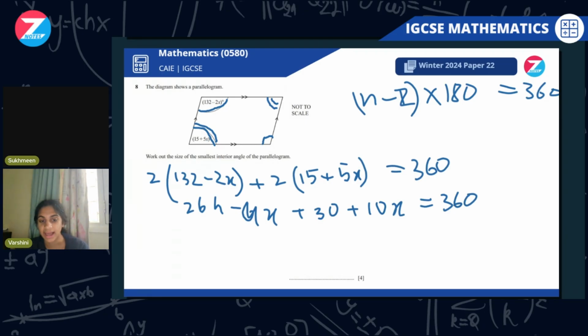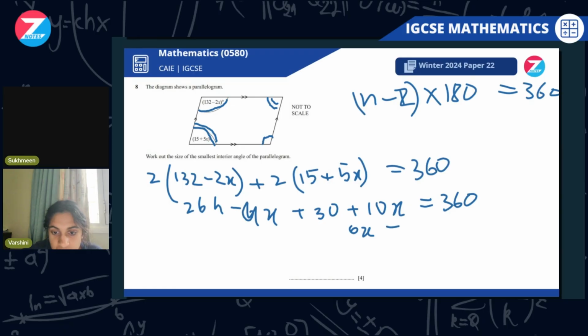Now we can add the x terms, which are minus 4x and 10x. And by the way, when you're multiplying these out, don't forget to include the minus sign in this bracket. So the like terms, minus 4x and 10x, give 10x minus 4x, which is 6x. And we want x to be the subject of the formula.